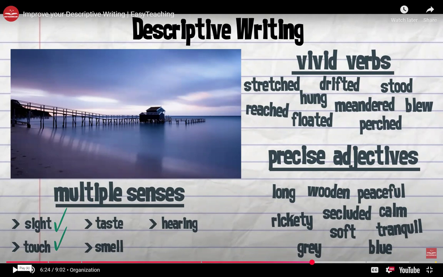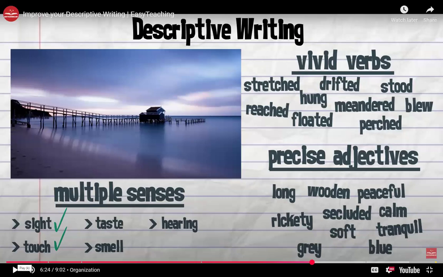It's not just salt. Sometimes there are other things around, some of them pleasant, some of them not so pleasant. Washed up fish on the shore, maybe. Sometimes the beach is a little stinky. Sometimes it has beautiful fragrance from the plants around it. So we might include some of those senses.